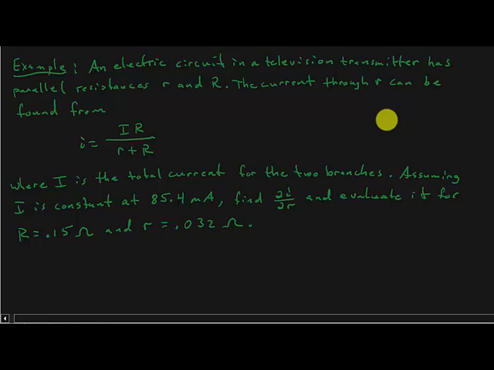Assuming I is constant at 85.4 milliamps, okay, so I is constant, we'll replace the I with this 85.4. Find the partial of little I with respect to little r and evaluate it for big R equals 0.15 ohms and little r equals 0.032 ohms.